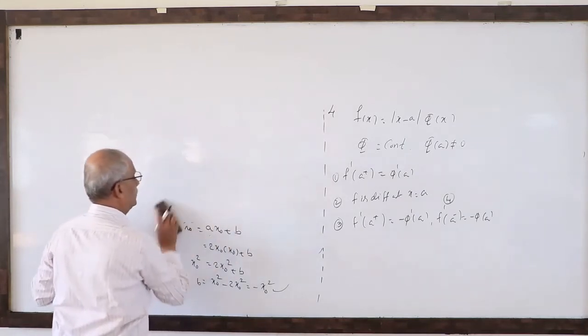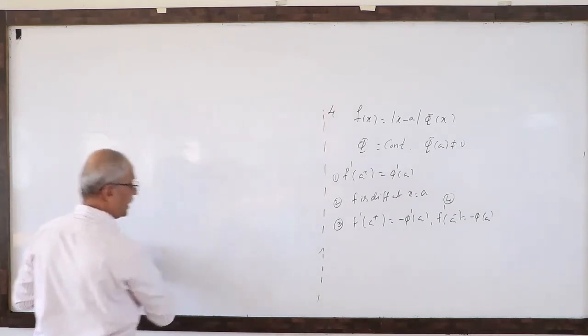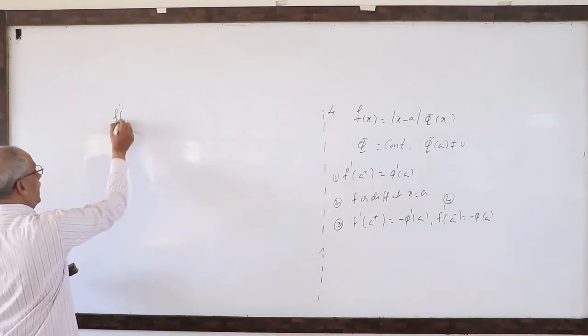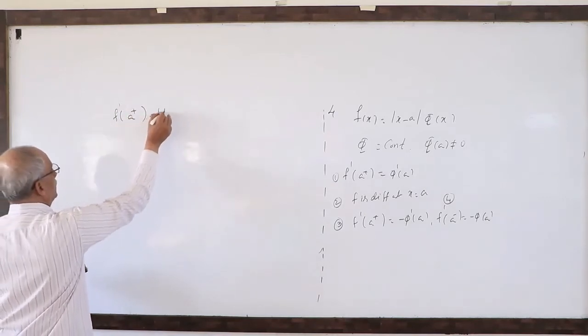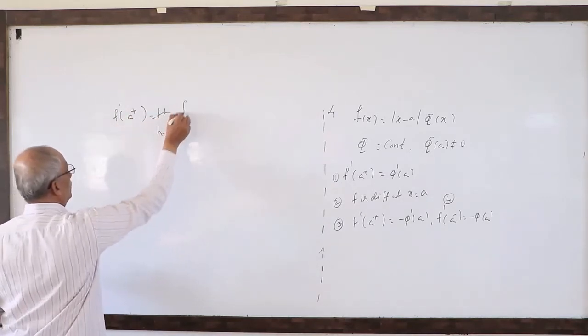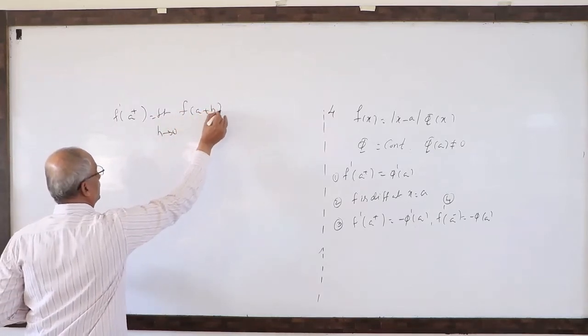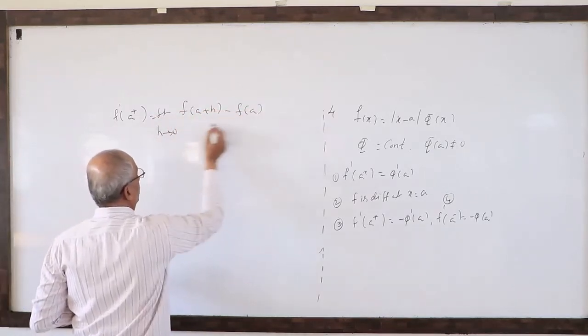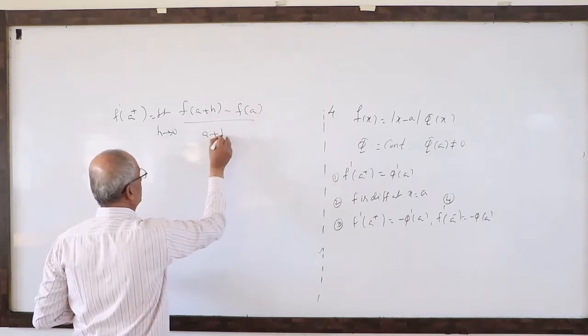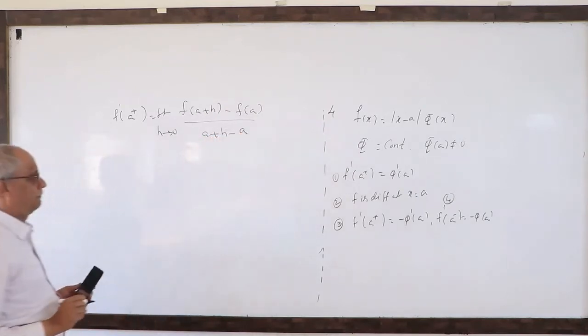So, what is the definition for f dash right hand side? f dash of a plus, h tends to 0, f of a plus h minus f of a by h.